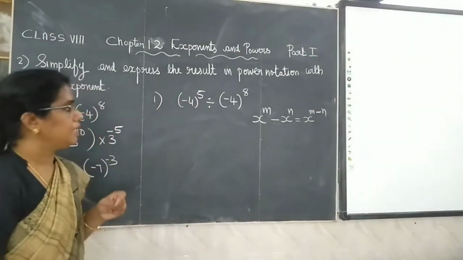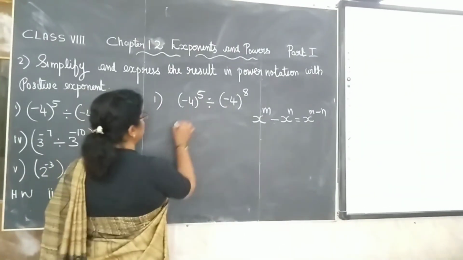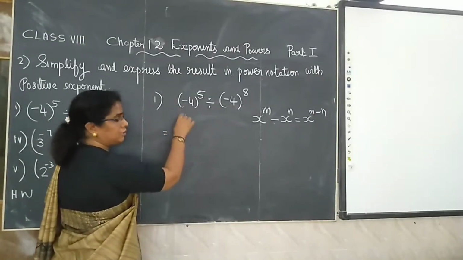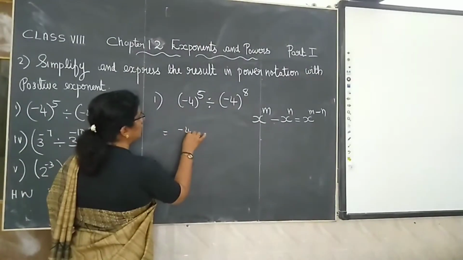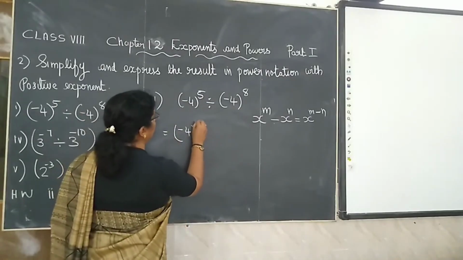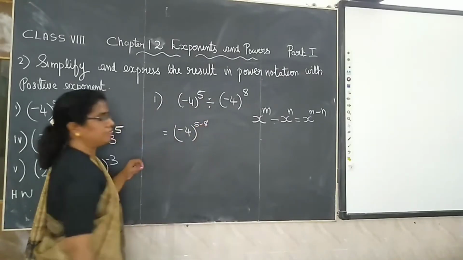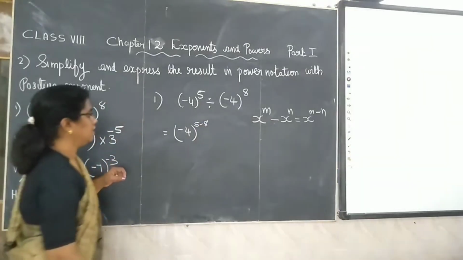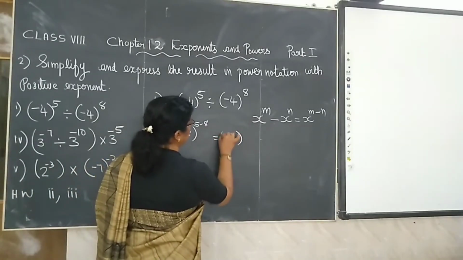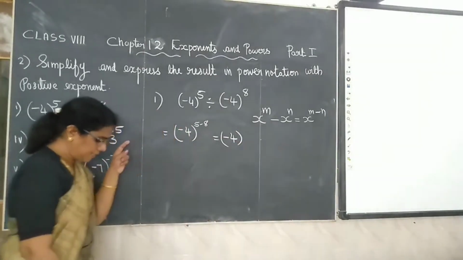Therefore, x raised to m minus n. Here, instead of x, minus 4. So that's equal to (minus 4) whole raised to 5 minus 8.